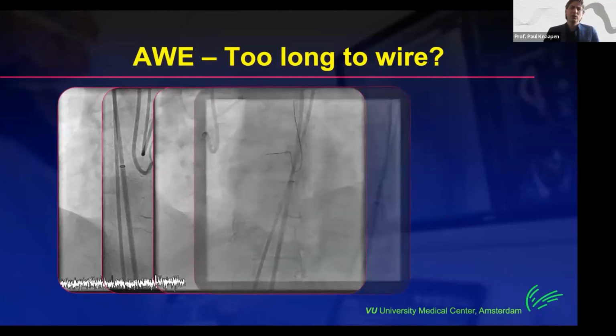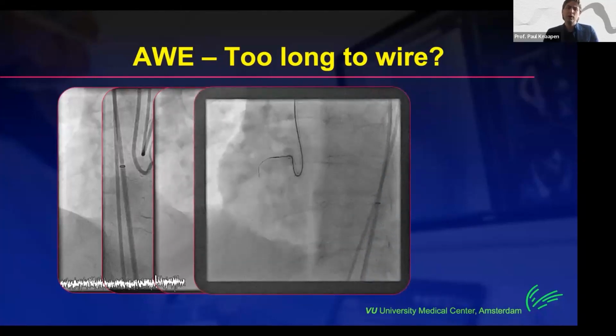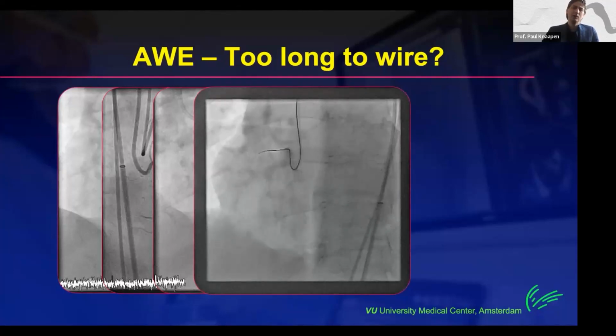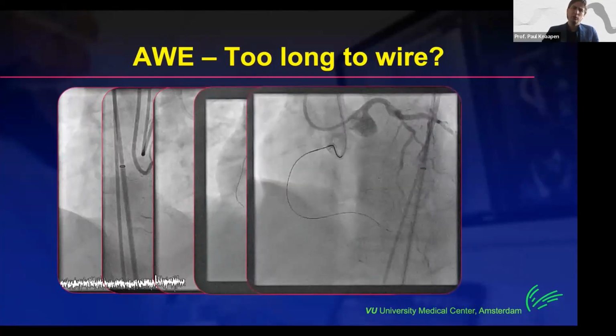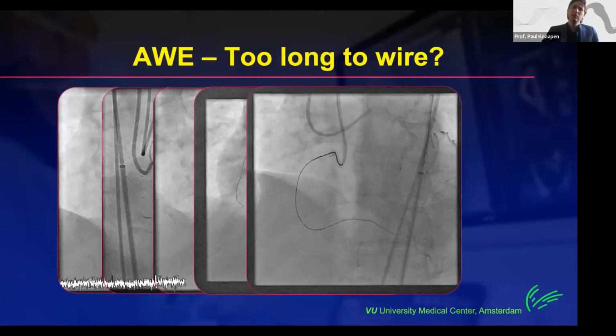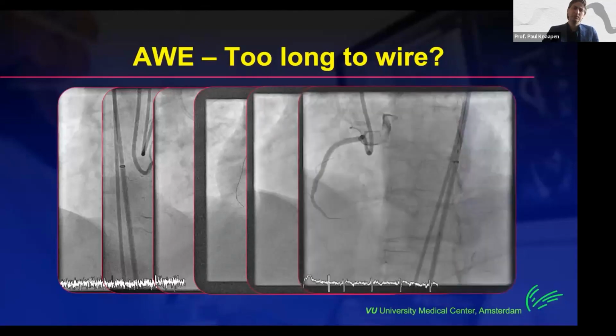However, when we took a polymer jacketed wire, whether that being a Fielder or a Gladius or whatever, it just went. In Amsterdam we say if it doesn't work in 2 minutes, it's not going to work in 2 hours, but this worked in like 40 seconds. So please always try antegrade approaches, even if you think it's not feasible, for a short attempt, because it can really simplify your procedure.